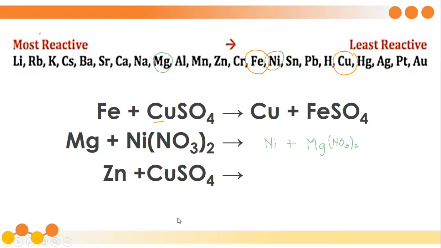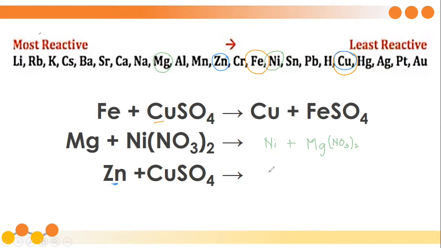Let's take a look at our reactivity series of metals. So we have here zinc, which is located here. And we have our copper, which is this one. Looking at the two, zinc is more reactive, so it can replace copper as being bonded with sulfate.